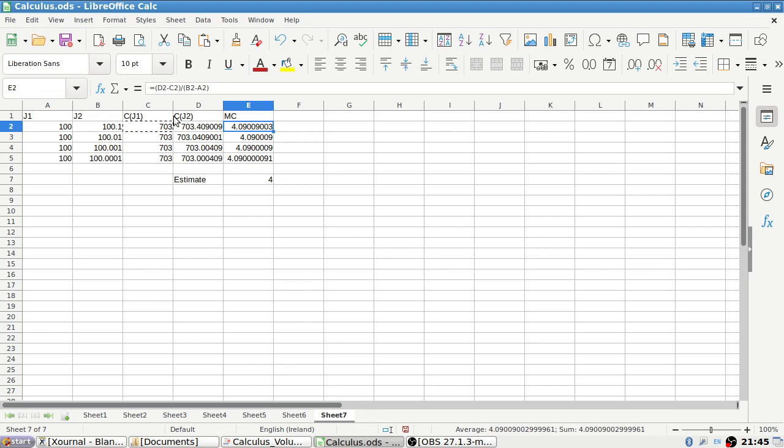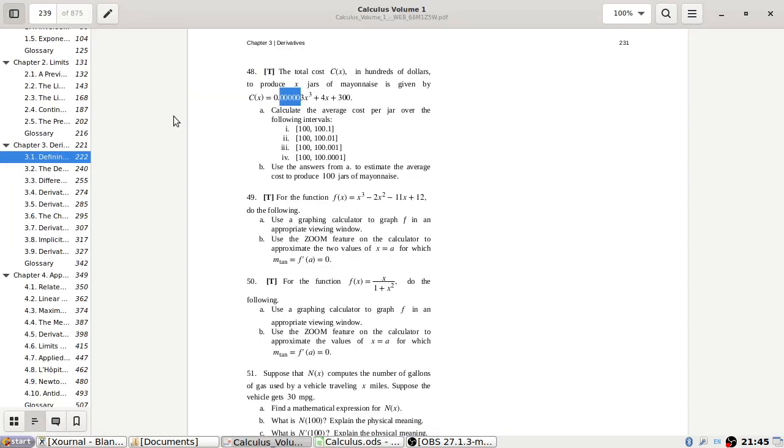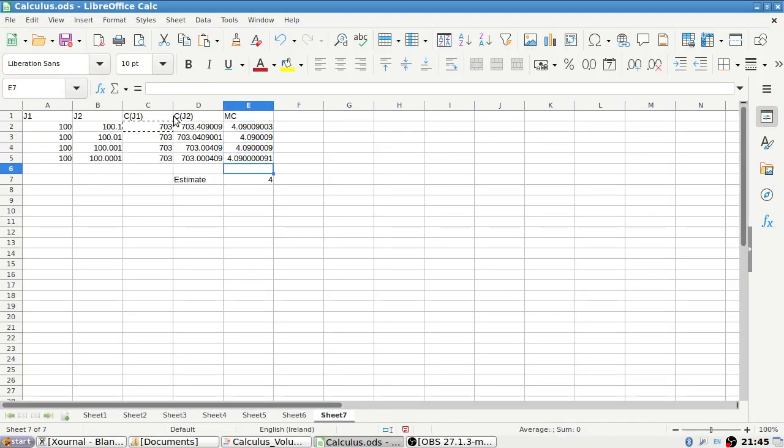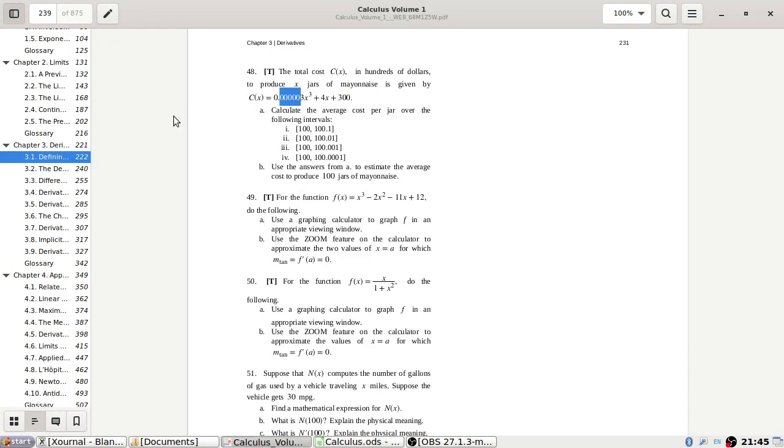I kind of feel like they shouldn't have said about the hundreds of dollars in the text. 400 US dollars per jar, marginally at 100. That does not seem right.